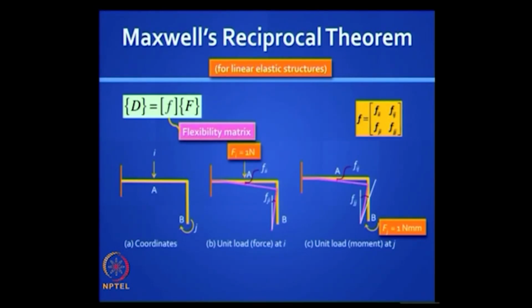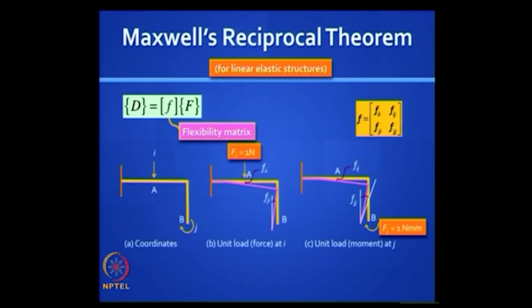If I want to get the first column in this flexibility matrix, then I have to apply a unit load Fi equal to 1, and physically that would be given by this picture. I apply a unit load at I, and the deflection that I get at the coordinate I is referred to as Fii, and the rotation that I get at the coordinate J is referred to as Fji.